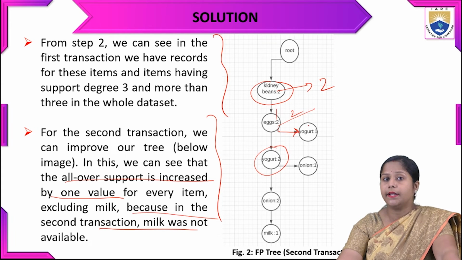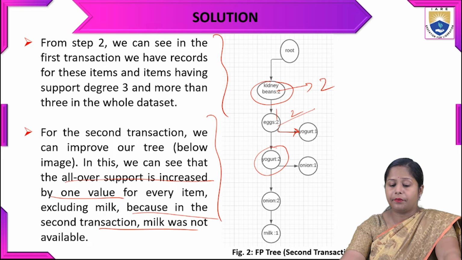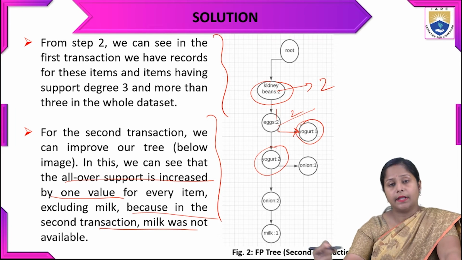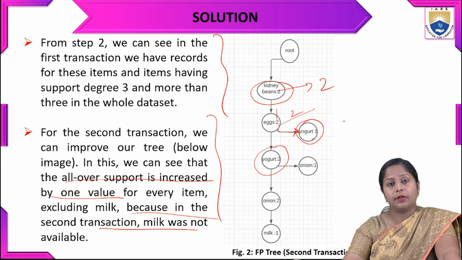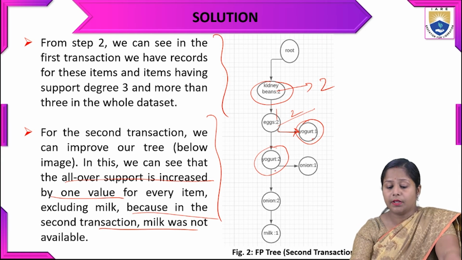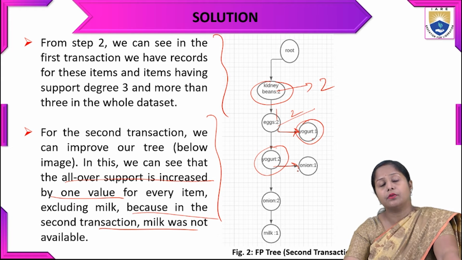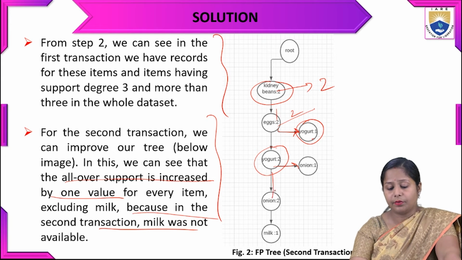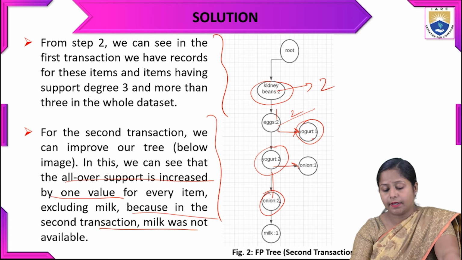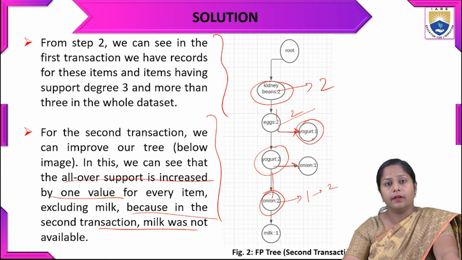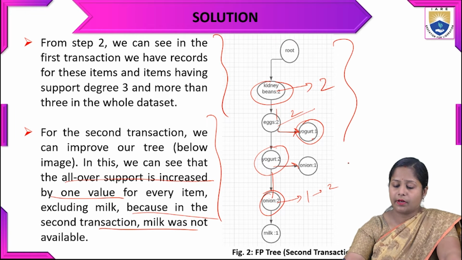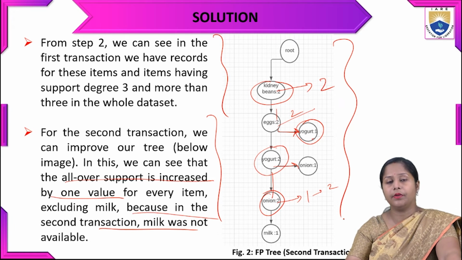So in the first transaction, that will occur after the egg. So that will be the lower stage, the yogurt in count 1 in the first transaction. Now your yogurt that is associated with onion, so onion has count as 1. Now your onion will be counted as 1 to 2. Now milk has occurred 1 time, not in this transaction, so we will not touch that. So that was all about the second transaction's items, how we are going to depict the FP tree for that.